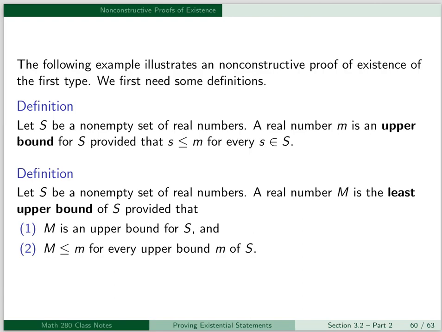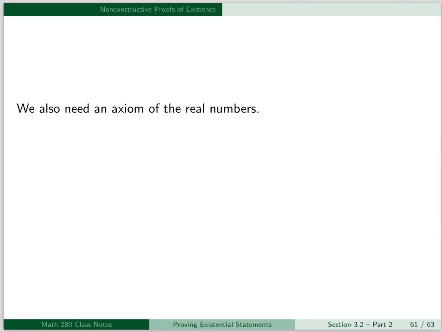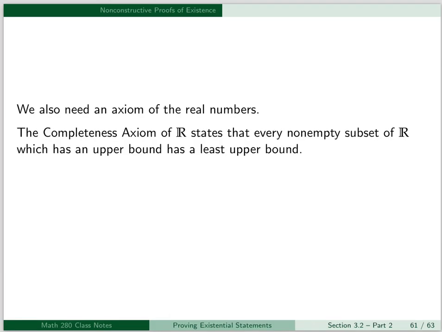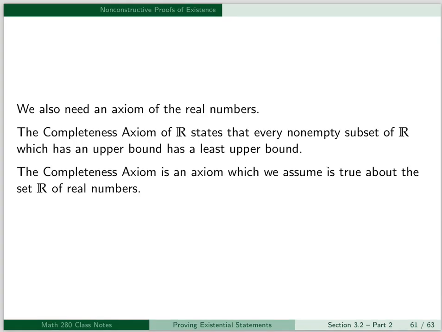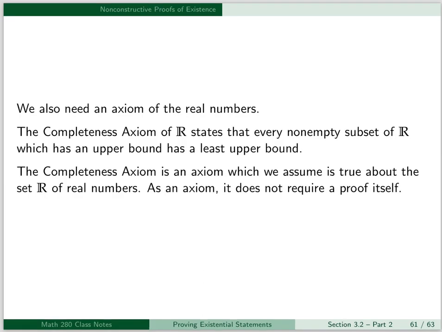So it's exactly what its name implies. We also need an axiom of the real numbers. The completeness axiom of R states that every non-empty subset of R which has an upper bound has a least upper bound. The completeness axiom, as its name implies, is an axiom which we assume is true about the set R of real numbers. As an axiom, it does not require a proof itself.